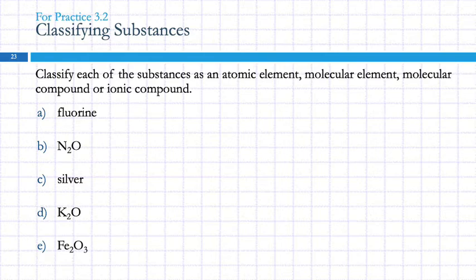Atomic element is a good guess. Molecular element. So this is one of the 7, right? Fluorine. So this is a molecular element. And they have to give you its name instead of its formula, because the formula would be a dead giveaway. It's F2. Okay.